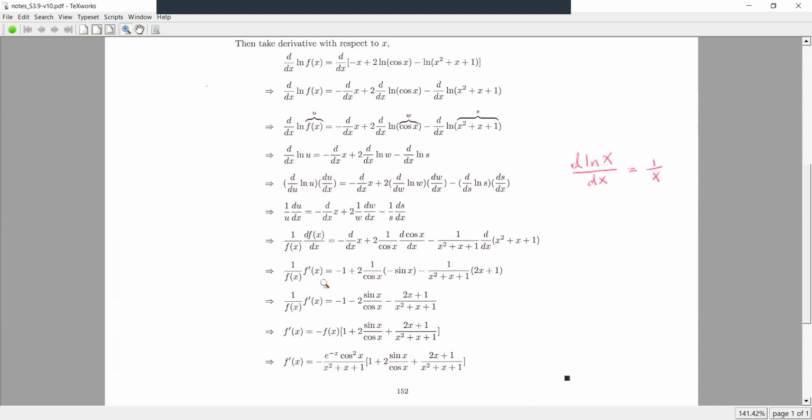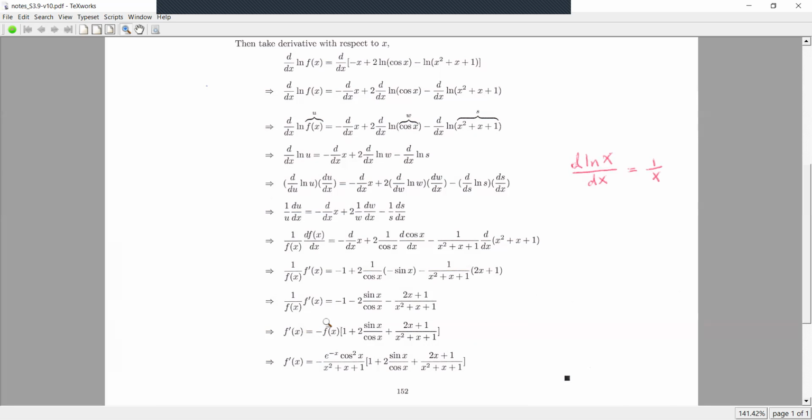Then I have this equation. Simplify this term and this term a little bit, then I have this equation. Move f of x to the right side, then I have this equation.